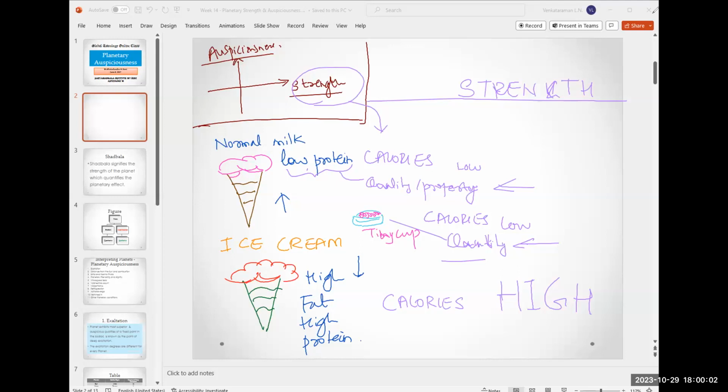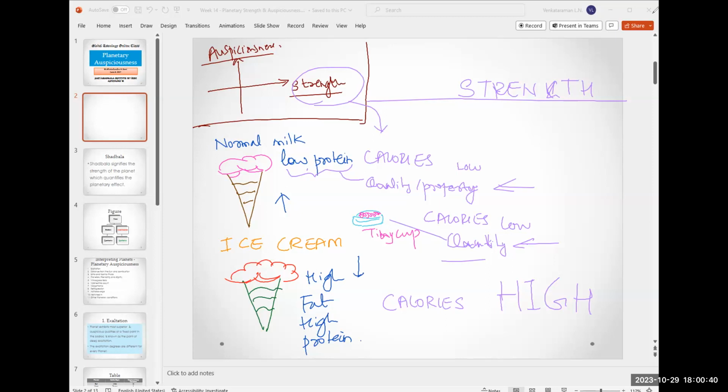To summarize this, before this slide we discussed what you understand by auspiciousness and what you understand by strength. We listed several points and you have taken the screenshot. And now I'm using a common example of ice cream, and we saw that the one below is high in calorie value, the one above is low in calorie value, and that is due to the content or the property of the materials or ingredients used.